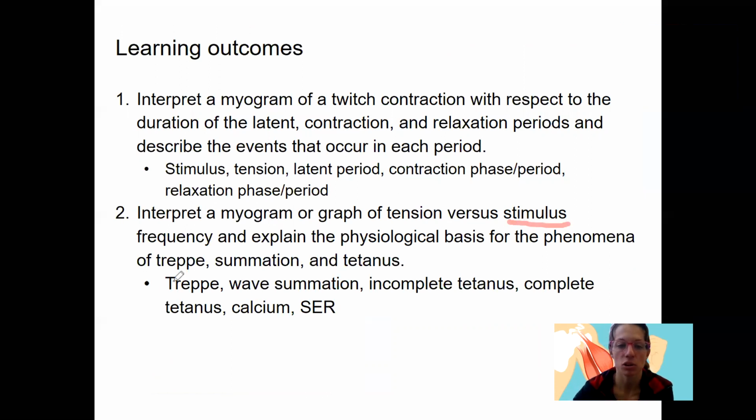And then the basis for treppe, summation, and tetanus, both incomplete and complete tetanus, is all going to be related to calcium, either not being able to be pumped back into the SR completely or at all in between individual contractions.